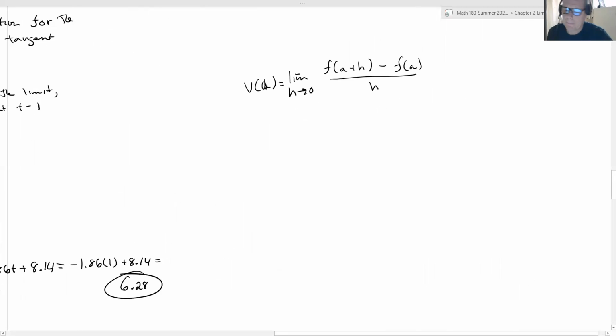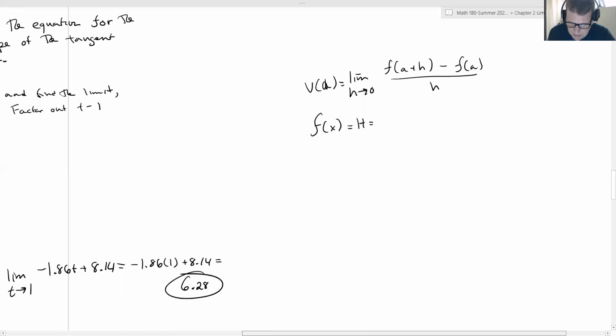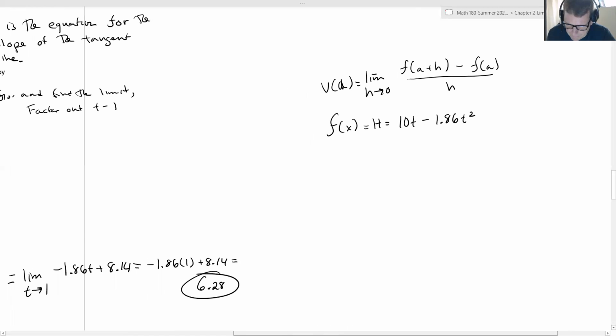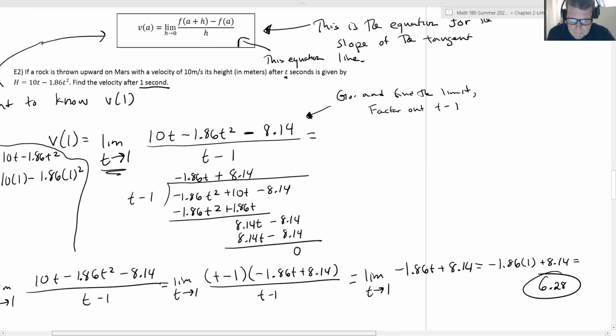Now we knew again that F of X was equal to 10t minus 1.86 t squared.